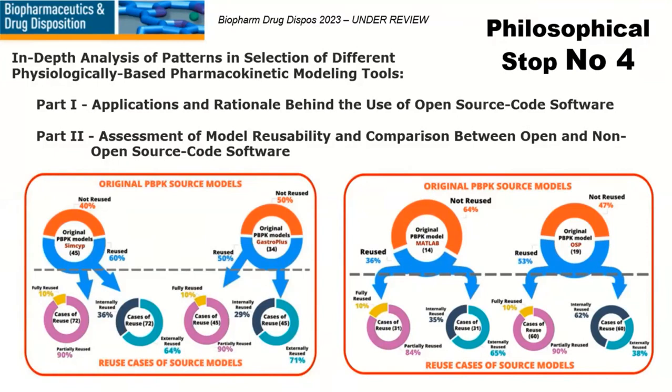And that is explaining how, when we follow up any original PBPK work, this is the top layer of the two segments that you are seeing above and below the dashed line, for the open source code models, which are the two examples on the right hand side, and the closed source code models that you are seeing on the left hand side.